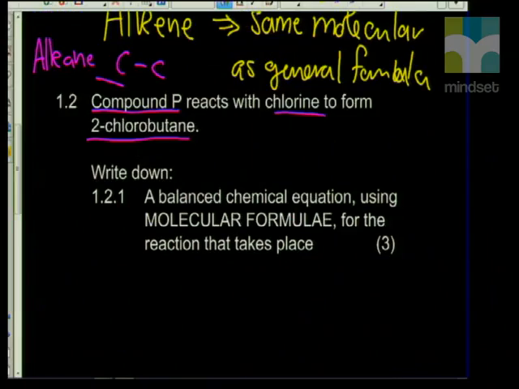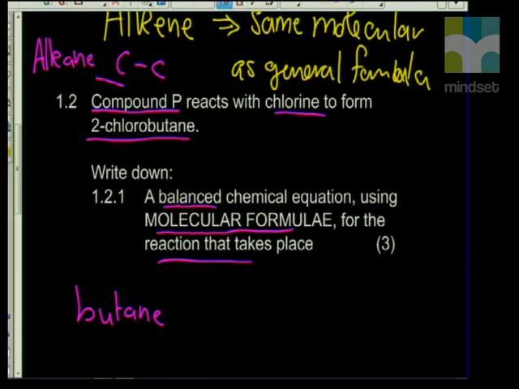Now, what they ask us, first of all, is to write a balanced chemical equation using molecular formula for the reaction that takes place. Now, notice what it says. We've got compound P, which we now need to identify. It forms 2-chlorobutane. So we know it was a hydrocarbon, so it was butane.